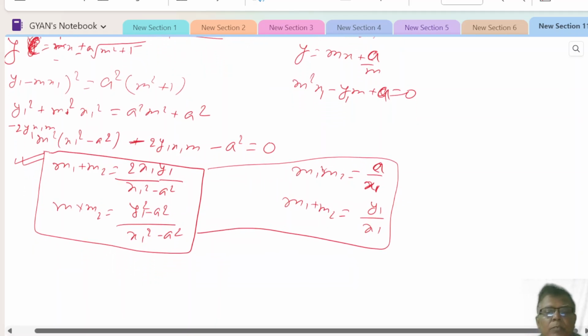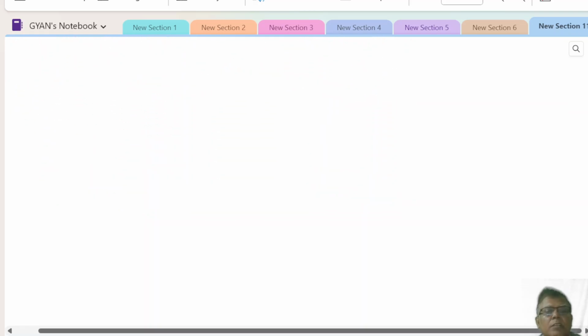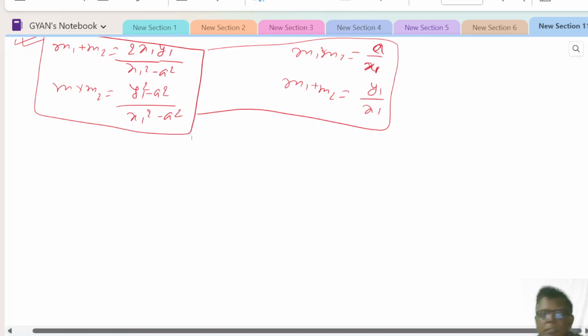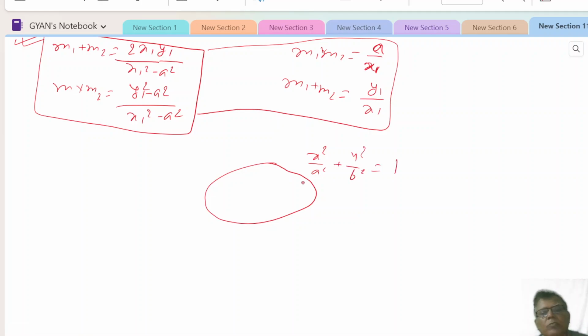Now come to the ellipse. This is the main thing of discussion here. So suppose this is the ellipse. The equation is x square by a square plus y square by b square is equal to 1. Suppose we want y is equal to mx plus c to be the tangent on this ellipse.